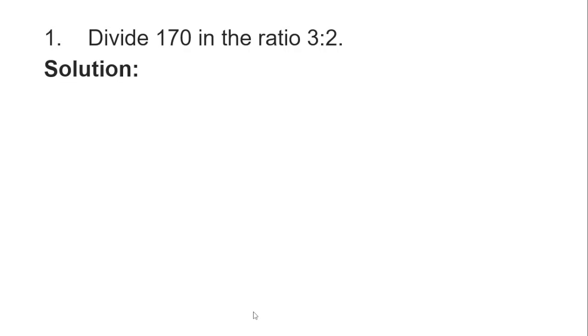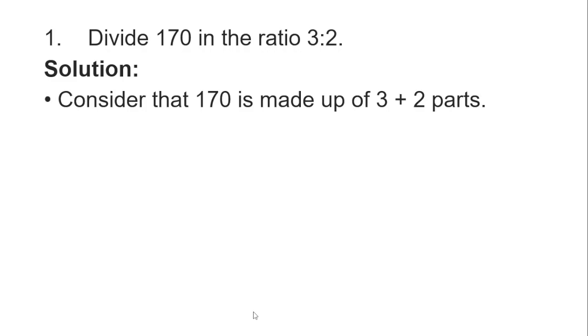Divide 170 in the ratio of 3 is to 2. Let's consider that 170 is made up of 3 plus 2 parts. When we add those, we have 5.